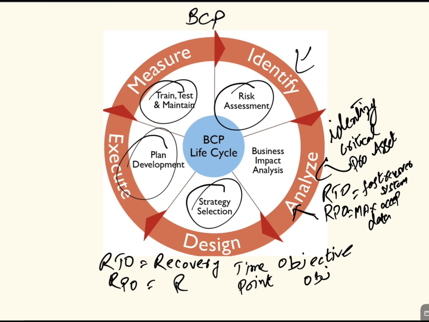RTO is how fast to recover, and how much data loss is acceptable is RPO. RTO is downtime tolerance and RPO is data loss tolerance. Critical assets come from BIA, not risk assessment, right? Not at the first phase. Risk assessment is what can happen, BIA is what matters most. Security and resilience, a continuous journey.